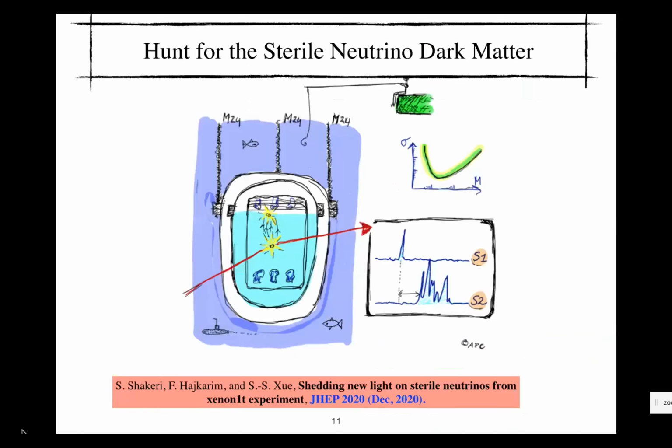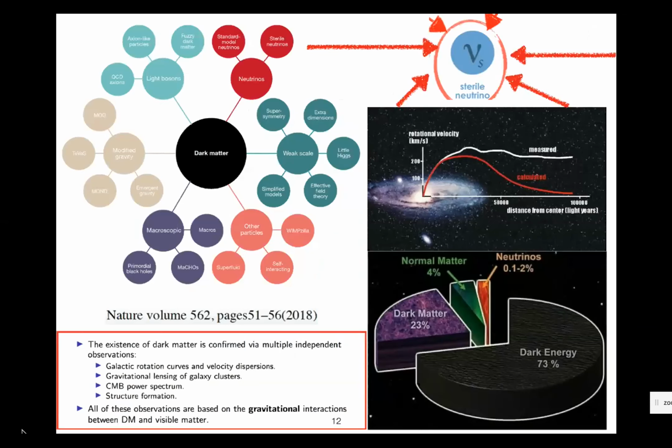So I'm going to tell you how we can find the signature of this new type of sterile neutrino in the Xenon experiment, or whether we can explain this new Xenon signal based on this effective model or not.